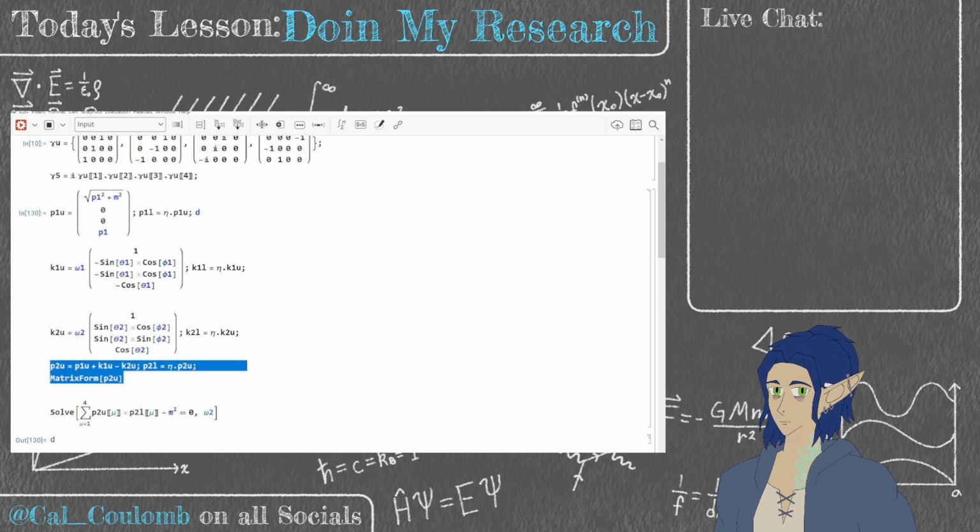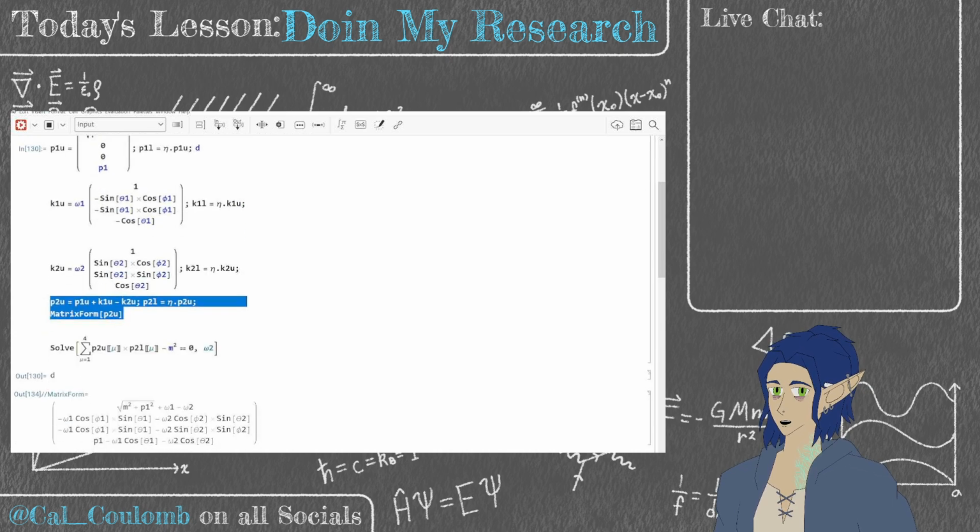So instead of this just being the square root of P1 squared plus M squared, it's going to have some correction to it that is going to be some small perturbative thing. So we can just linearize everything with respect to it and hopefully get some kind of modified result to our cross section.